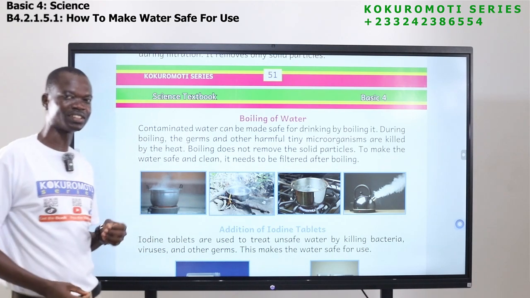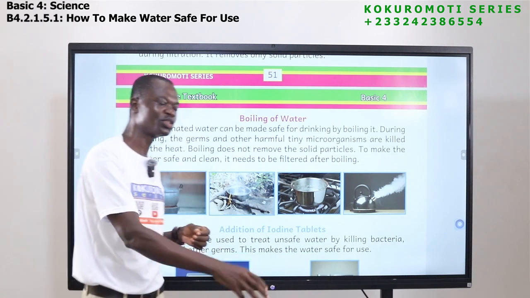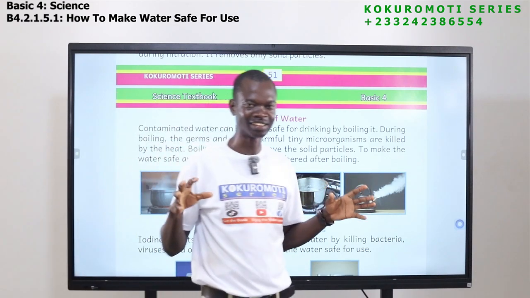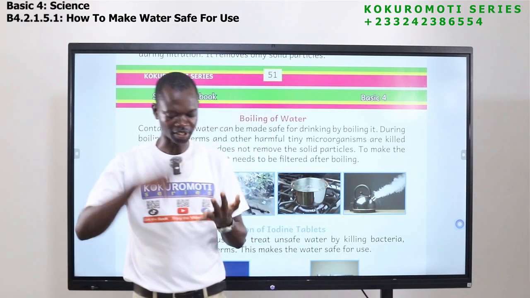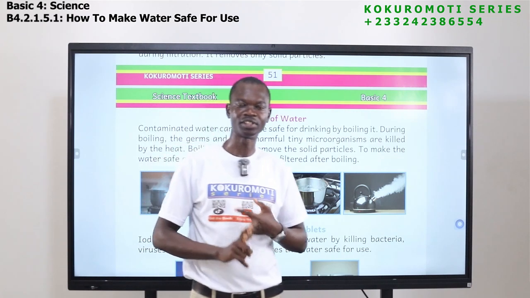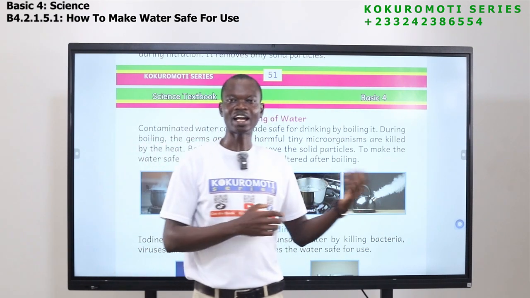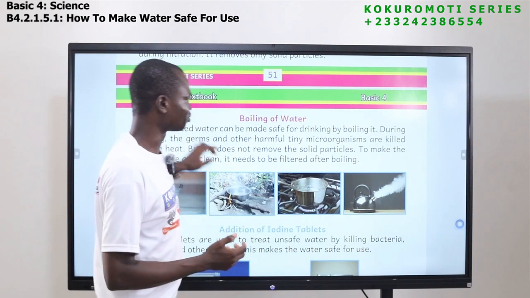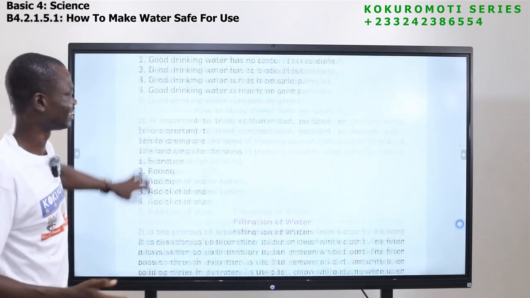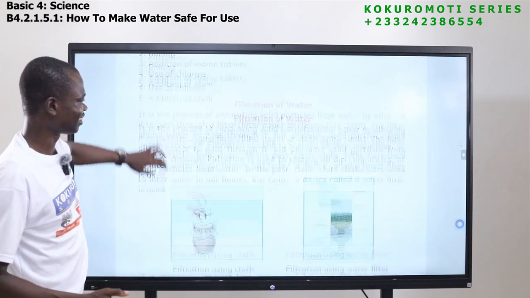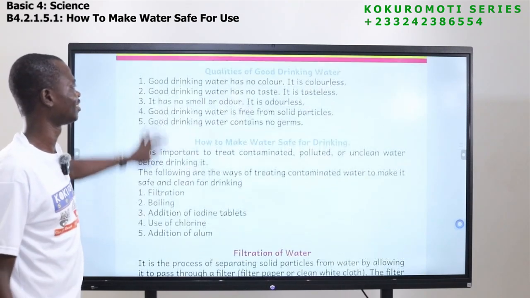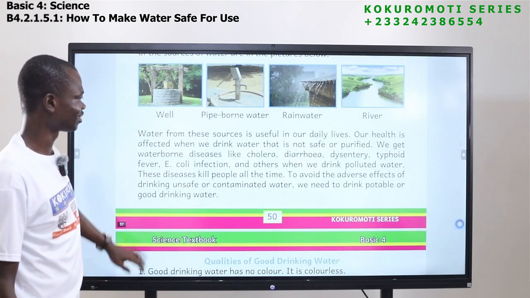So these waterborne diseases, we get them when we use contaminated water. I said we have cholera, we have diarrhea, dysentery, E. coli, and then hepatitis. Or this disease. Let's look at it.